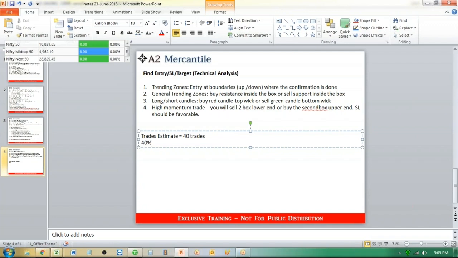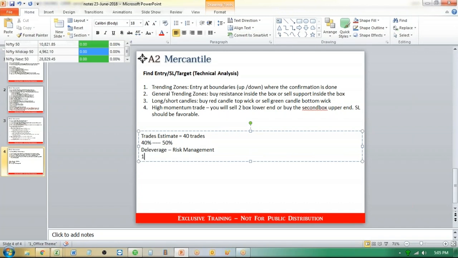Now, if this is what we start our trade with on all 40 trades, and our target for the month is say 50% or even 200% or whatever, then you can also deleverage your position. This is risk management.